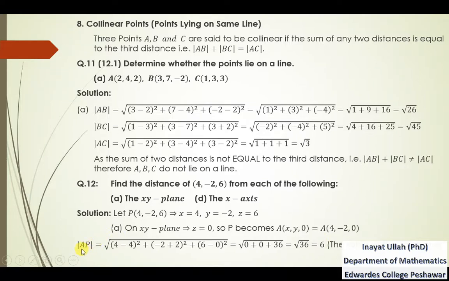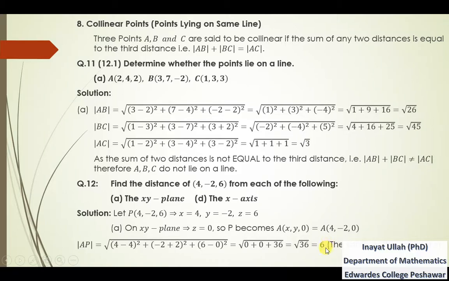subtracting A from P, P minus A, so 4 minus 4 whole square, minus 2 minus minus 2 whole square, 6 minus 0 whole square, calculating this sum and this square root to get 6. So AP distance is equal to 6.